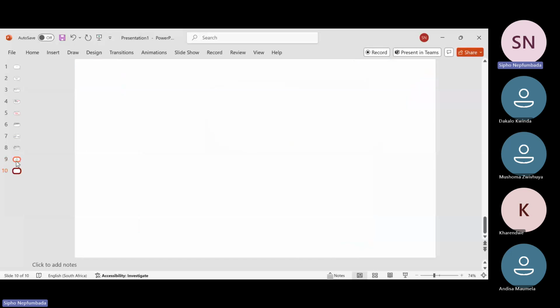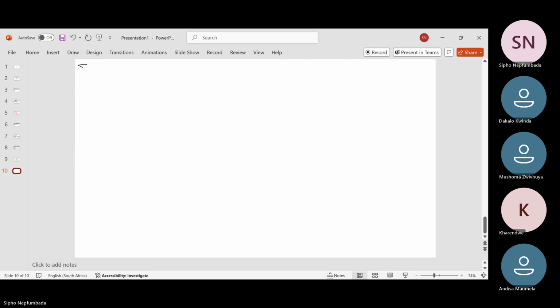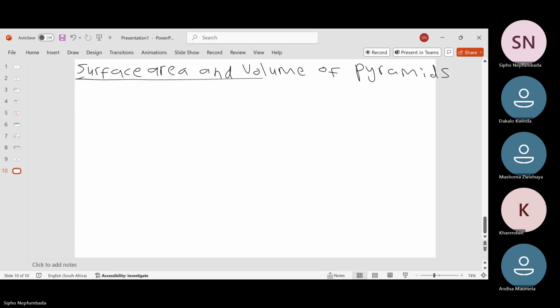Okay, so as far as we're concerned, as I was saying, we now want to talk about what we call the surface area and volume of a pyramid.